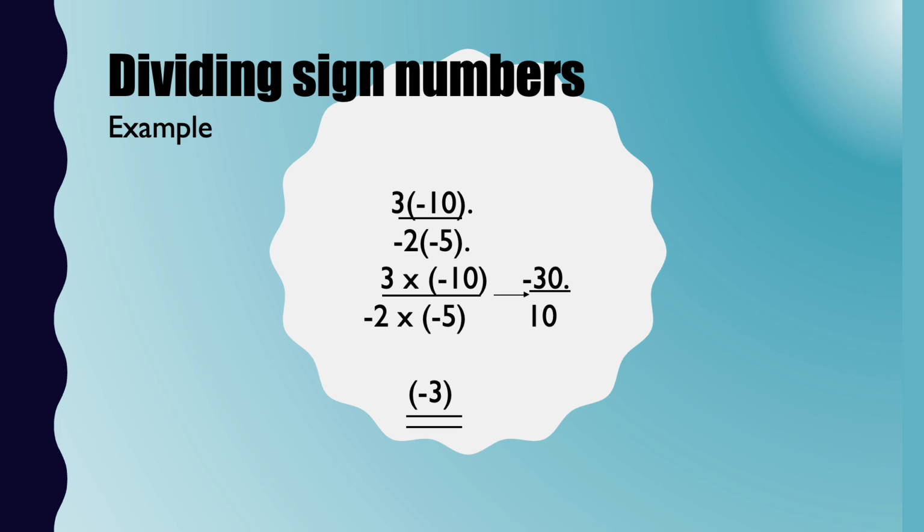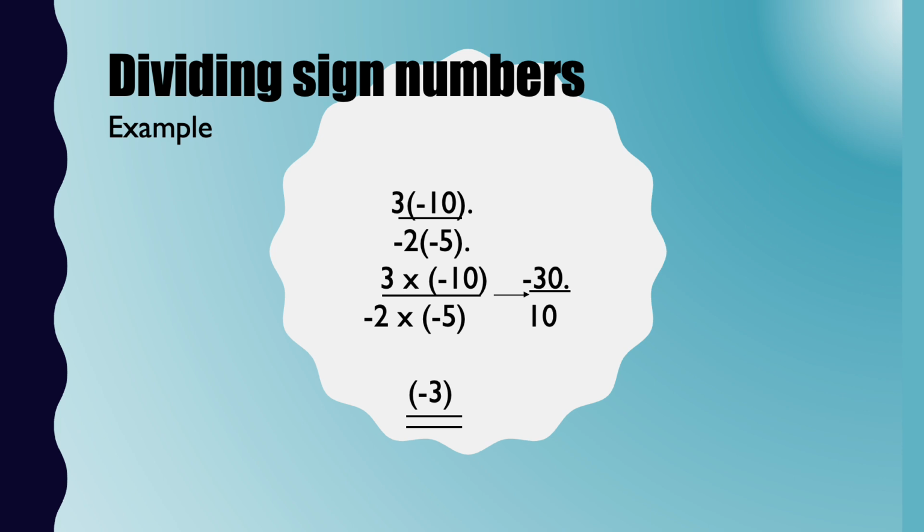Now we are going to look at the numbers under the line. What are the numbers? Minus 2 multiply minus 5. Remember, first we are taking care of the numbers. Don't worry about the signs, worry about the numbers. 2 multiply by 5 is 10.